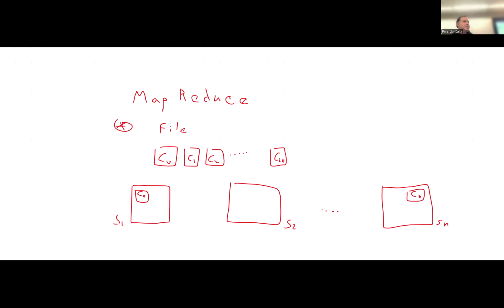And just remember that these servers perform the computation. Each one is a piece of a computer with its own CPU, and storage, the hard drive, the disk.